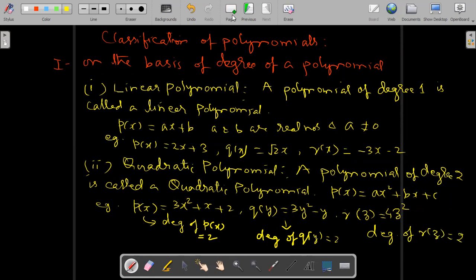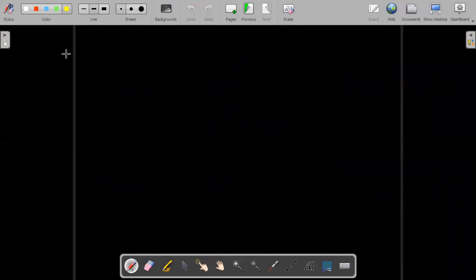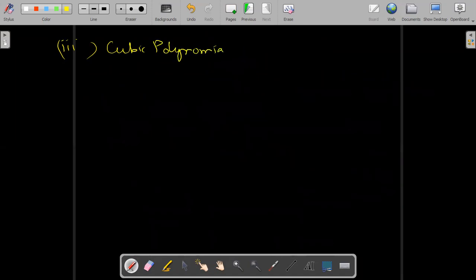Next, the third type has 3 degree, it is called a cubic polynomial. A polynomial of degree 3 is called a cubic polynomial.